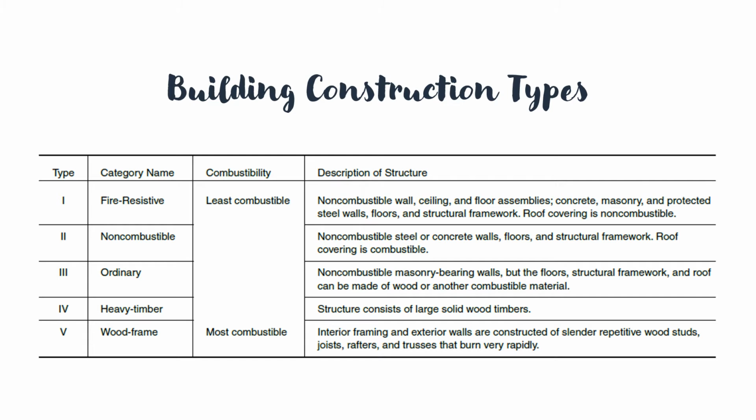Type 4 is heavy timber, which is composed of structure which consists of large solid wood timbers. And lastly, type 5 is wood frame, which is the most combustible, with interior framing and exterior walls constructed of slender repetitive wood studs, joists, rafters, and trusses that burn very rapidly.